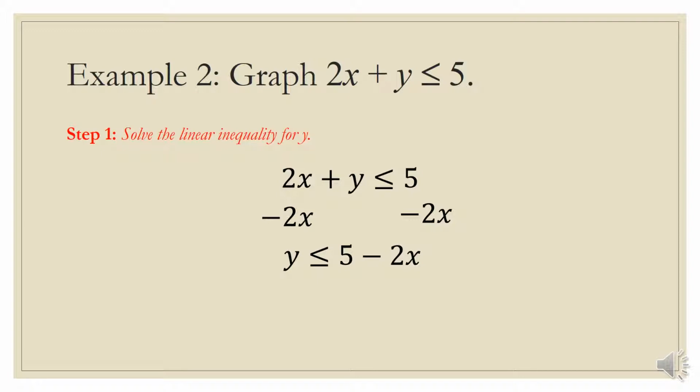You don't have to put the plus if it's positive. You're just going to know that it's positive. Now we have y on the left is less than or equal to 5 minus 2x. Now, we learned before the y equals mx plus b form, so we usually write the x part first.